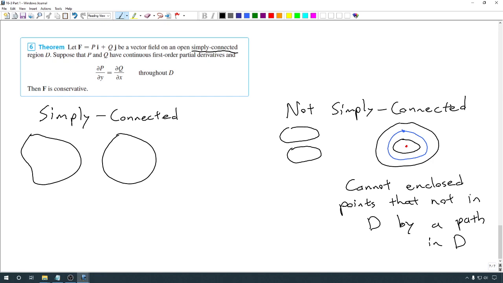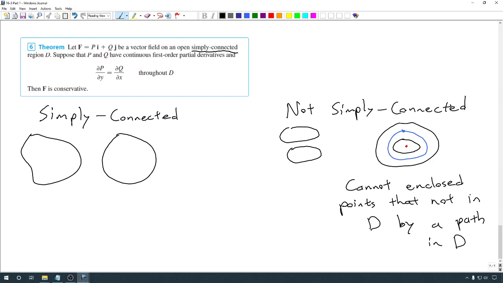We cannot have closed curves that go around points that are not in D. If that is possible to do, it is no longer simply connected, and so the reverse of this theorem is not necessarily true. We will take a look at an example of that happening in one of our example exercises.